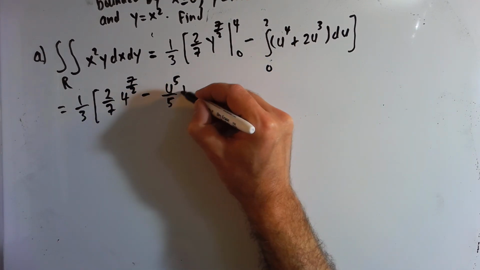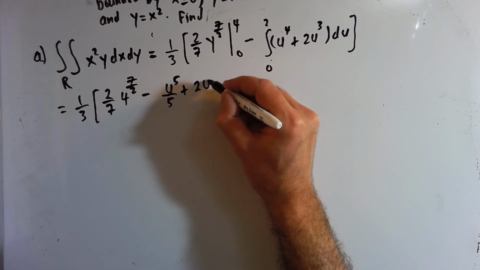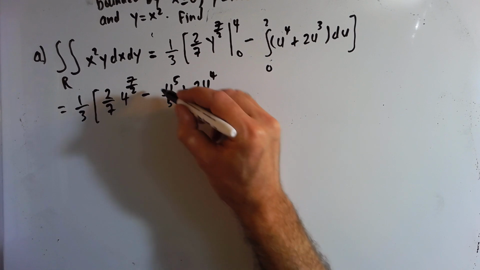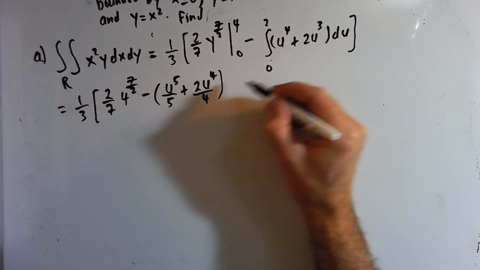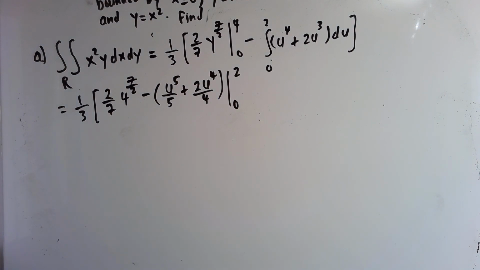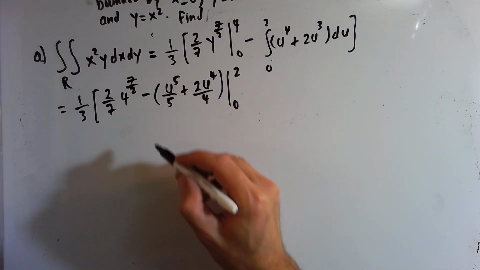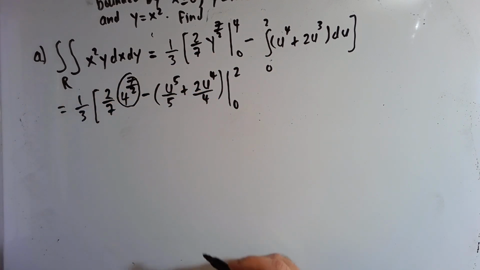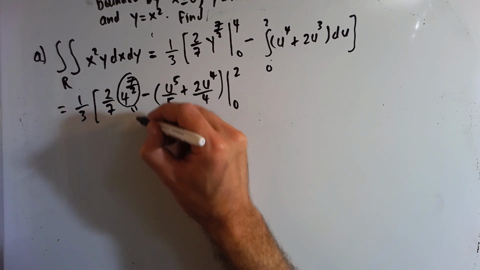Integrating this, it'll be 2u to the 4th over 4. This still has to be evaluated at 0 and 2. Okay, so 4 to the 7/2, that would be the square root of 4, which is 2, to the 7, so that'll be 2 to the 7th.